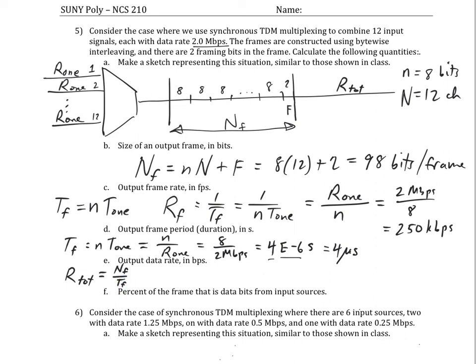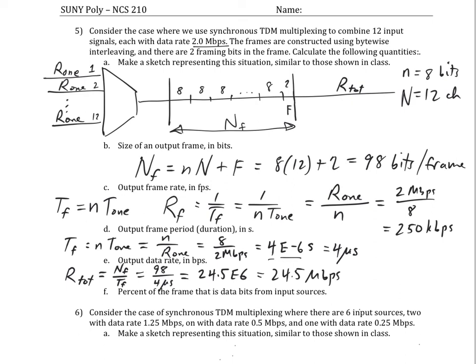So this gives us the total rate, and the number of bits in a frame was 98, and the time for one frame was 4 microseconds. And so this is, let's see, 100 is 25 times 4, so this is 24.5. And then micro in the denominator becomes 10 to the 6th in the numerator, or 24.5 megabits per second for this example.